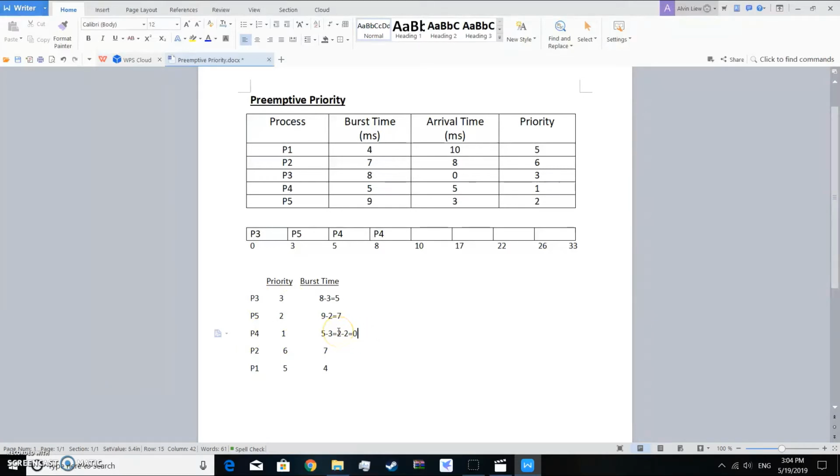At this situation, we choose the remaining process according to its priority. So now P5 is the second, under the priority of 1. So we choose P5.